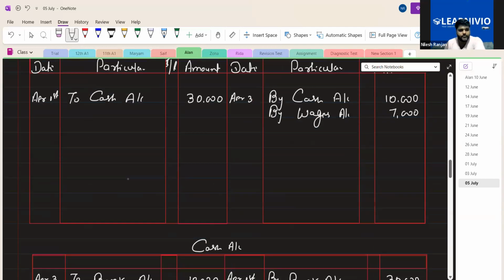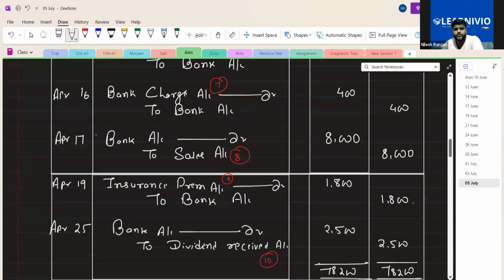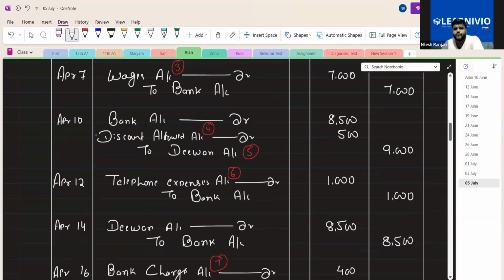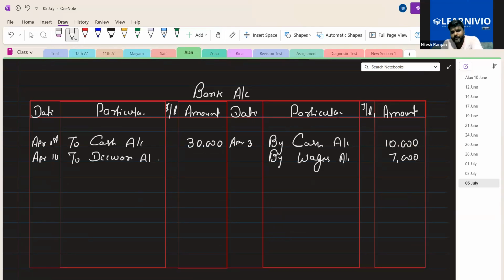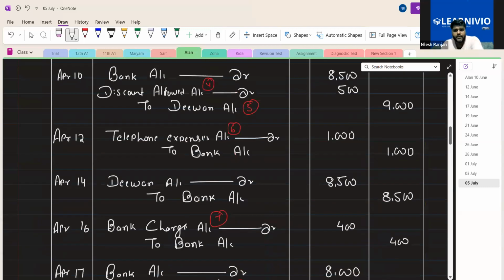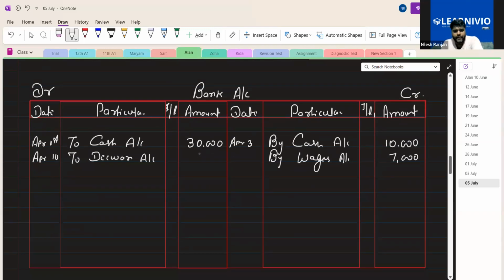In the Divan account, bank account will be on the credit side, because Divan is on the credit side. This is debit, this is credit. The amount was 8,005.